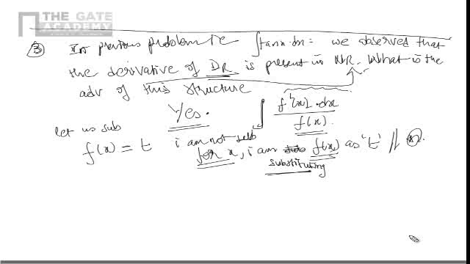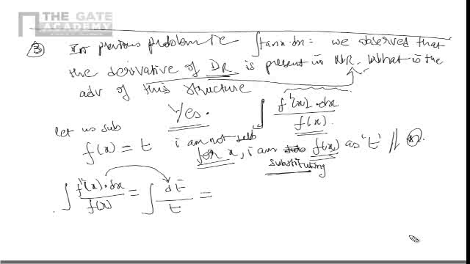So the integral f dash of x dx by f of x will become what? f of x is becoming t, f dash of x dx will become dt, and I know the result of this integration.